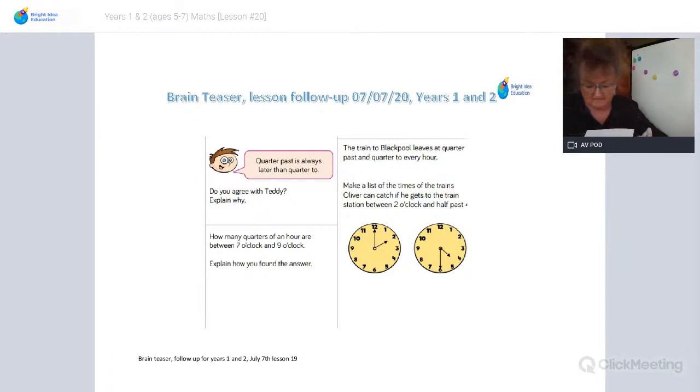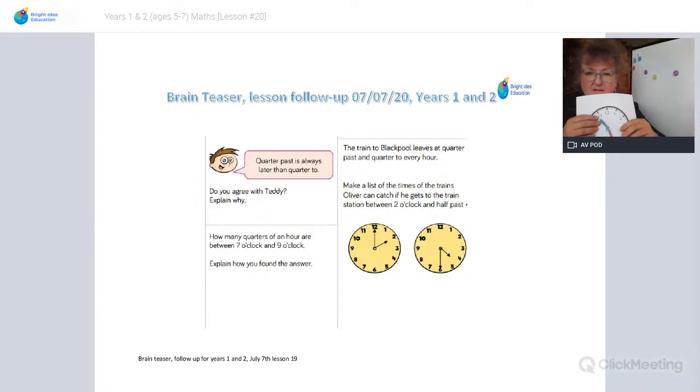Teddy's saying that when the minute hand is on quarter to, it is always a later time than when the minute hand is on quarter past. Now, say we had the hour the same.